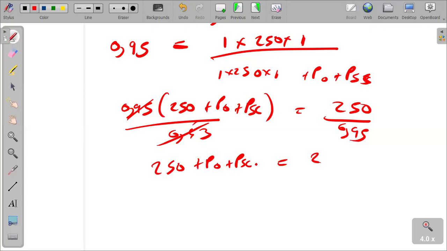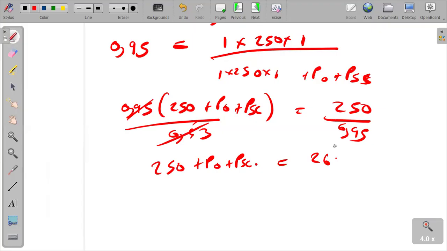I get 250 divided by 0.95, and that's 263.158, right?